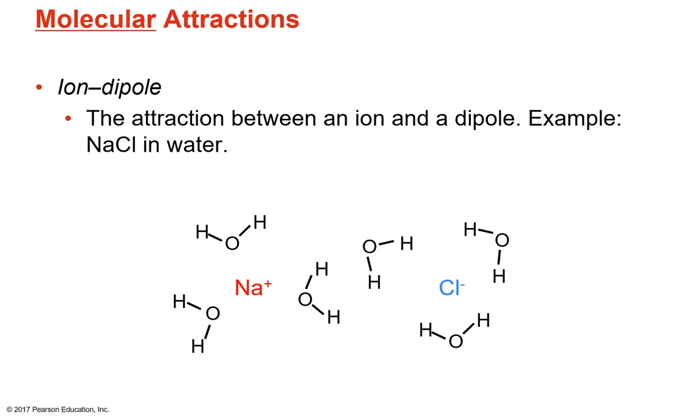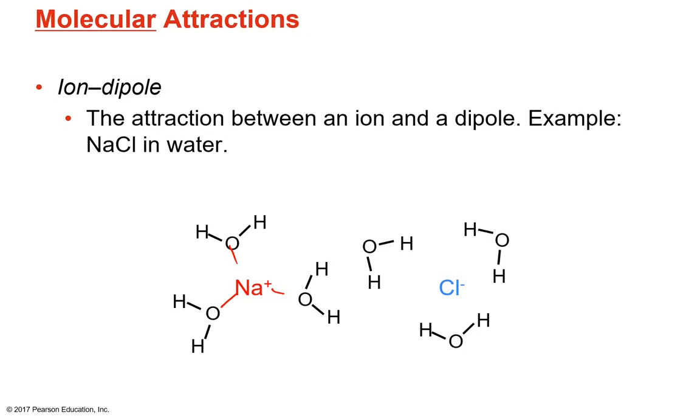The example shown here is what happens when you put salt crystals in water. You know that salt is soluble in water. Salt is one of the things we're going to be looking at in lab. It's soluble in water because water is a polar substance. It has a positive side and a negative side. And what happens is the oxygens will pull the sodium away, and each oxygen forms an attraction to that sodium. So the sodium is surrounded by a couple of oxygens. Basically, the sodium is a plus charge, and the oxygen sides of water are fans of that plus.